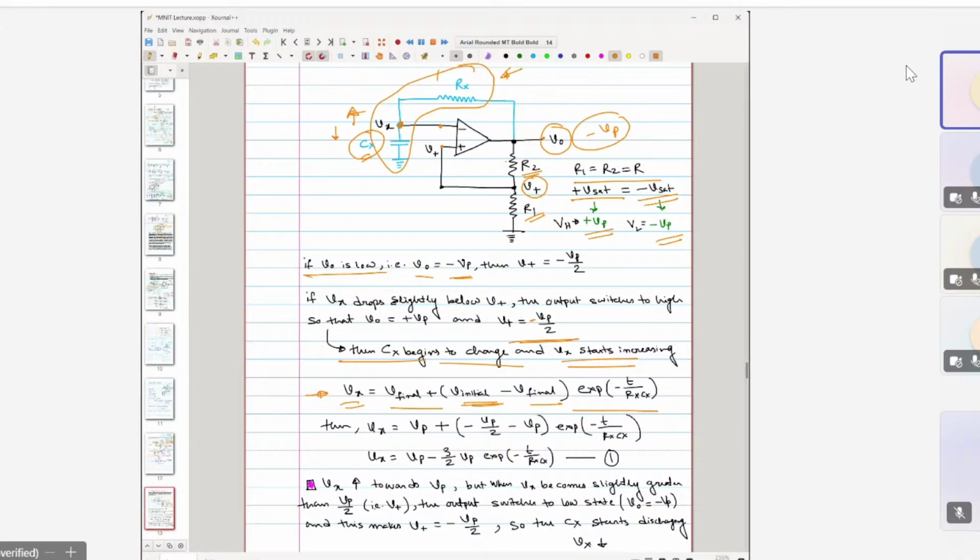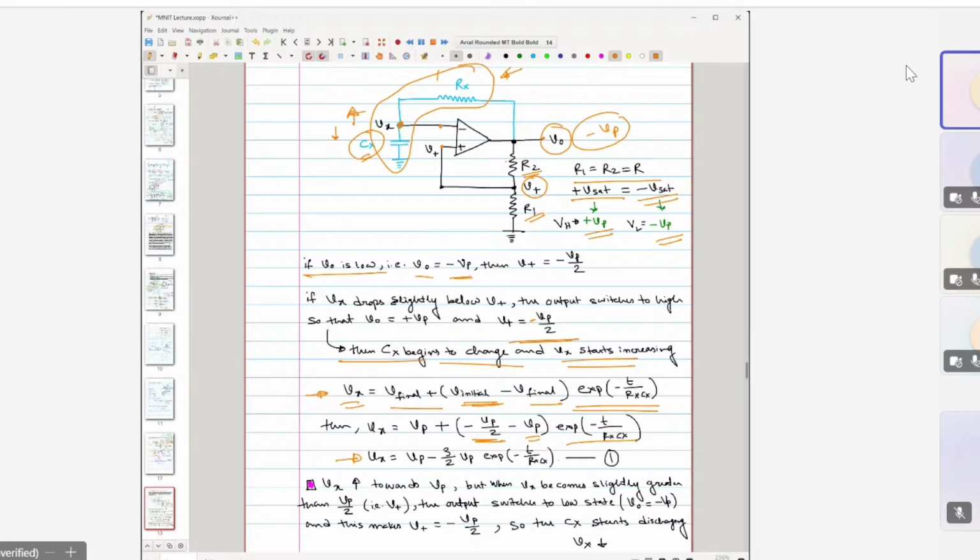What was the initial voltage of the cap? It is minus Vp by 2. What is V final? V final is Vp. And then this part remains as it is. So if you simplify it, it turns out to be this.